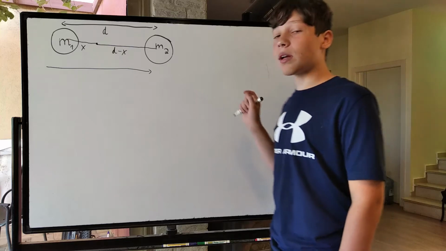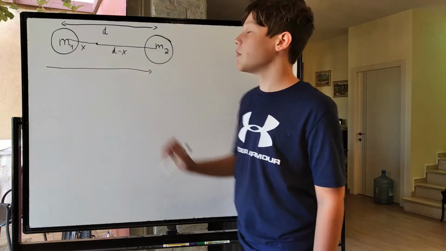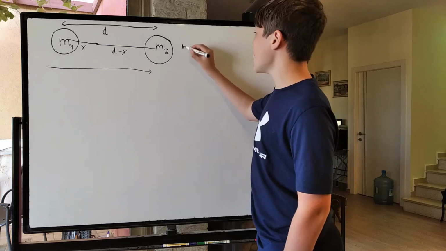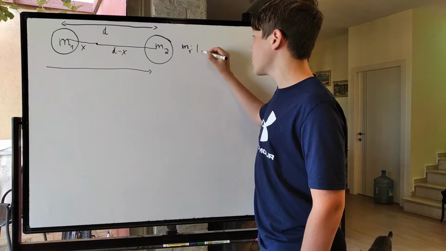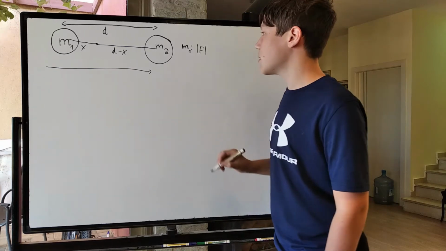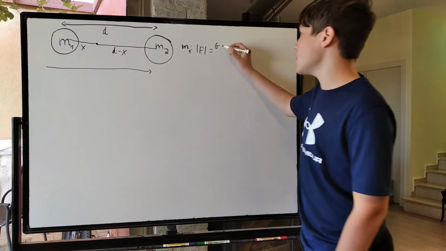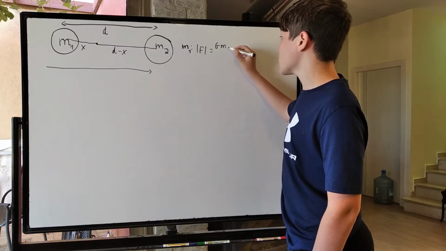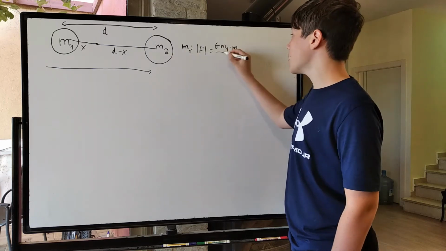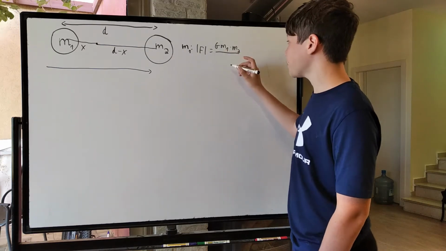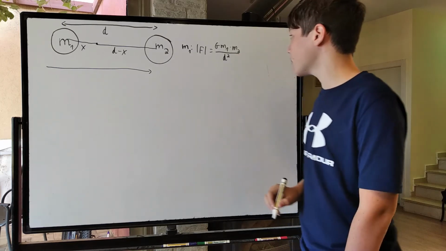And now we will look at the forces that are acting upon each one of these objects. So on m1, the size of the force is the gravitational constant G times the mass of m1 times the mass of m2 divided by the distance squared.